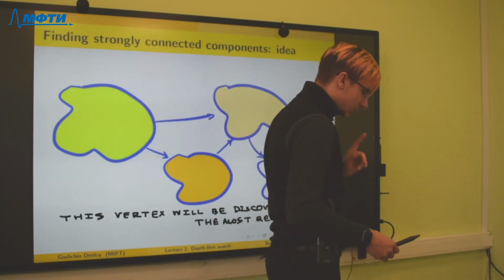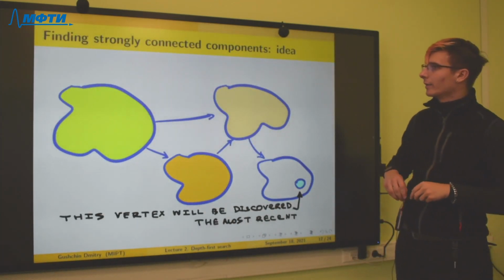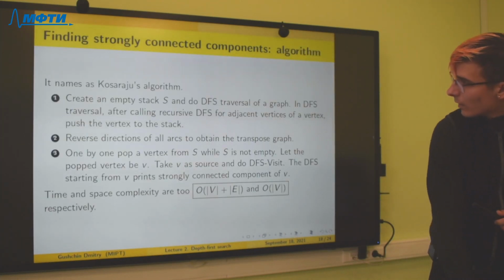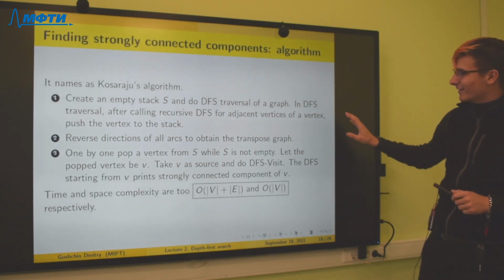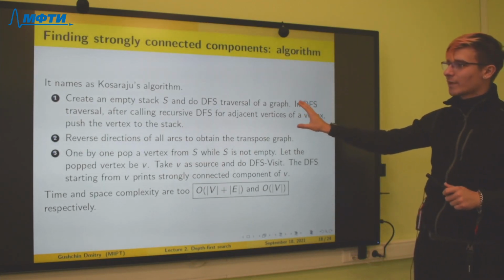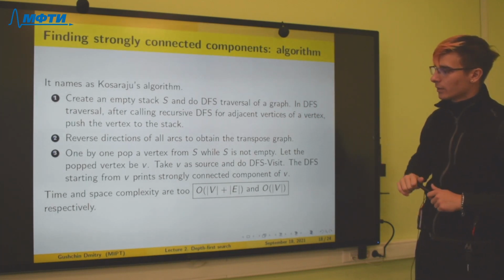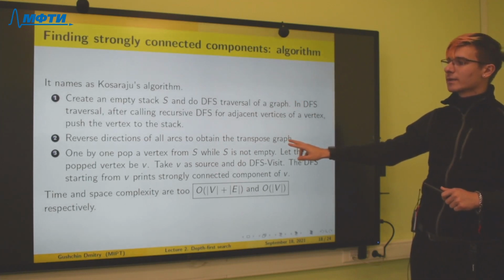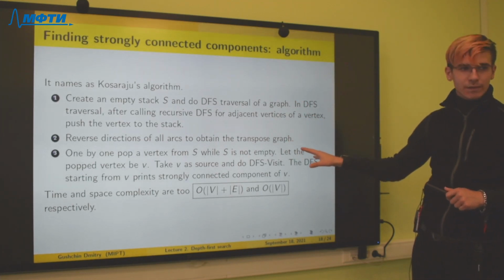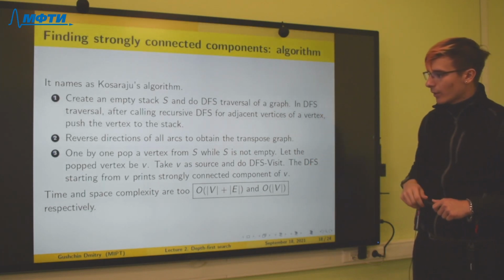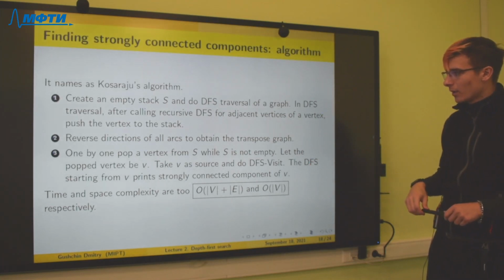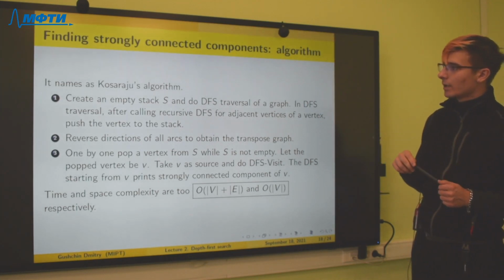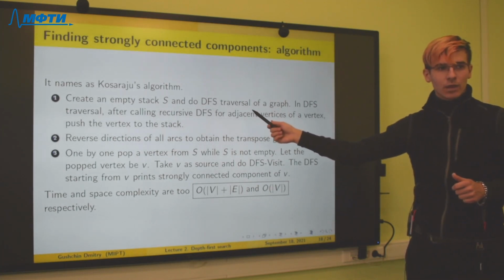So, about the algorithm that solves this task. The first step is simple. It's only DFS. But then, in the second step, we reverse all directions and start DFS from the last vertex that we visited in the first DFS.